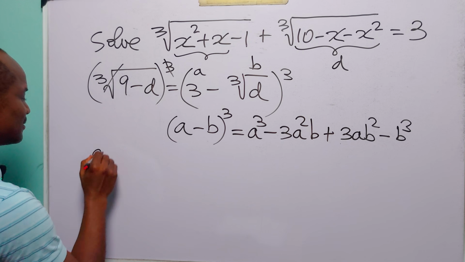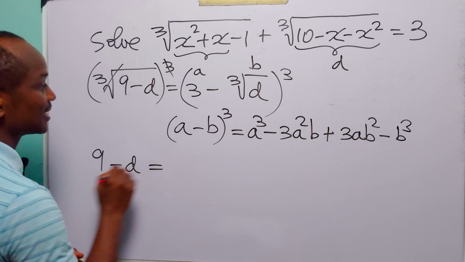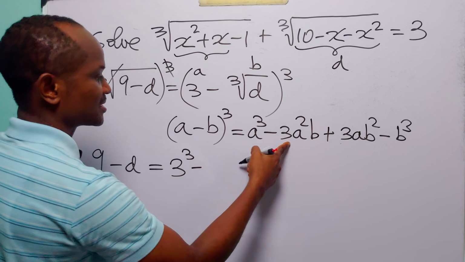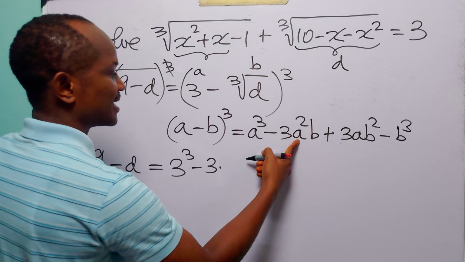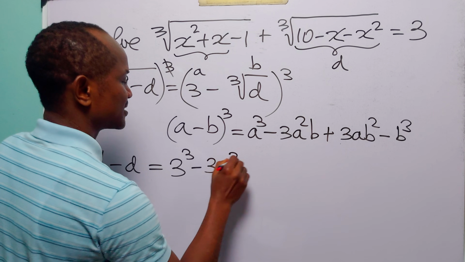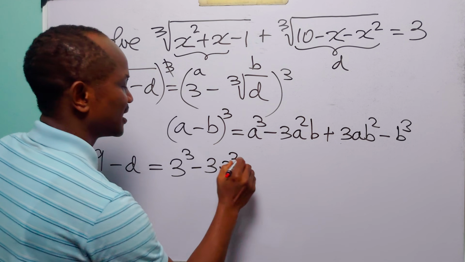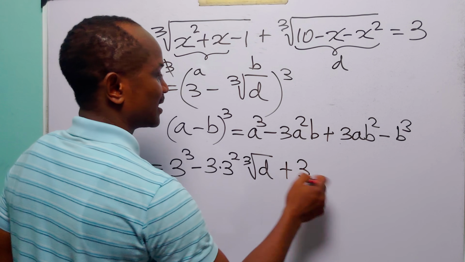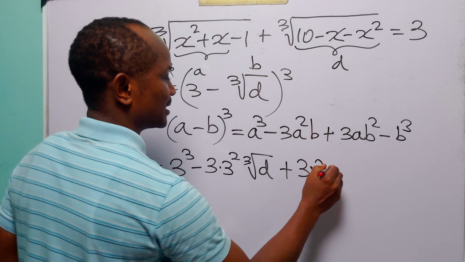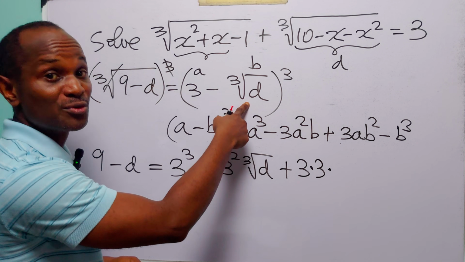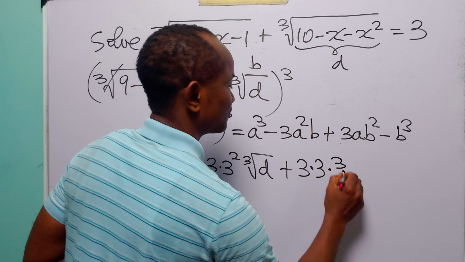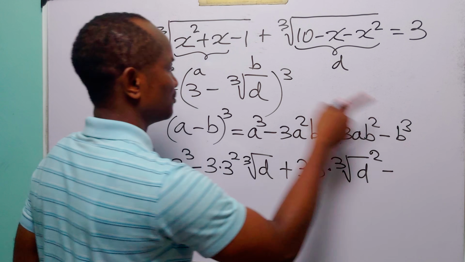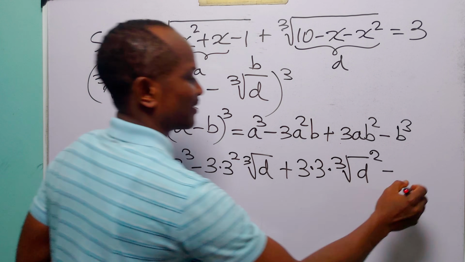So we have that 9 minus d is equal to 3 cubed minus 3 times a squared, which is 3 squared, times b, which is the cube root of d, plus 3 times a, which is 3, times b squared, that is the cube root of d squared. Then minus b cubed, that is the cube root of d raised to power 3.